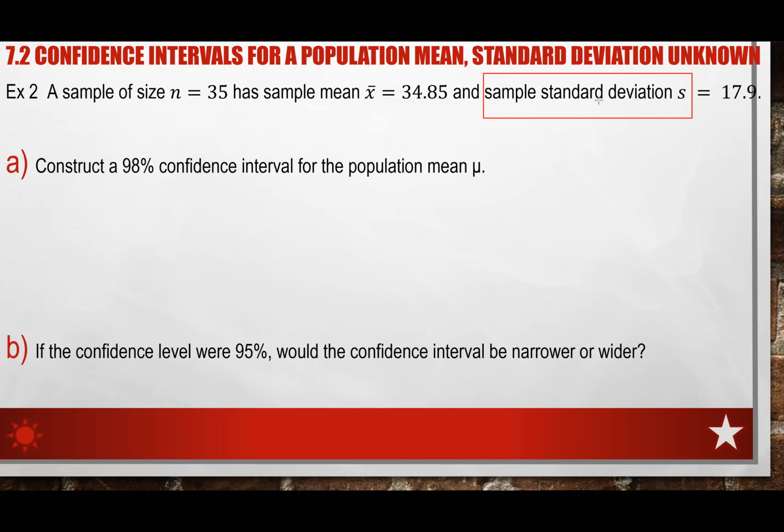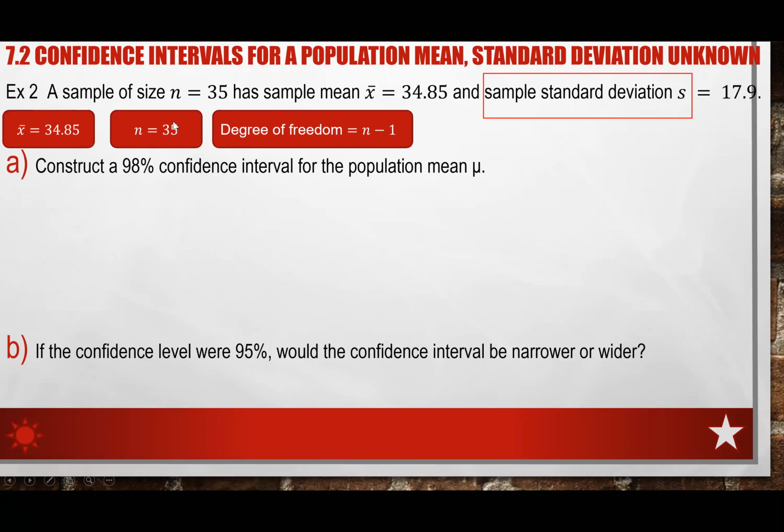The adjustment is that instead of the z critical value, we are dealing with a t critical value. And if you recognize that, then we know that we need a degree of freedom. We have the point estimator, we have the n, but if we do this by hand, we need the degree of freedom, which in this case is 34.